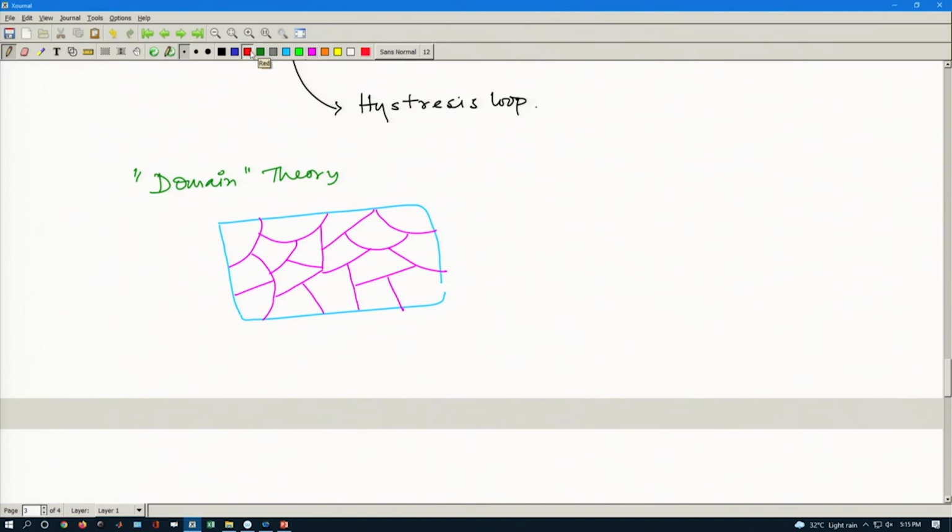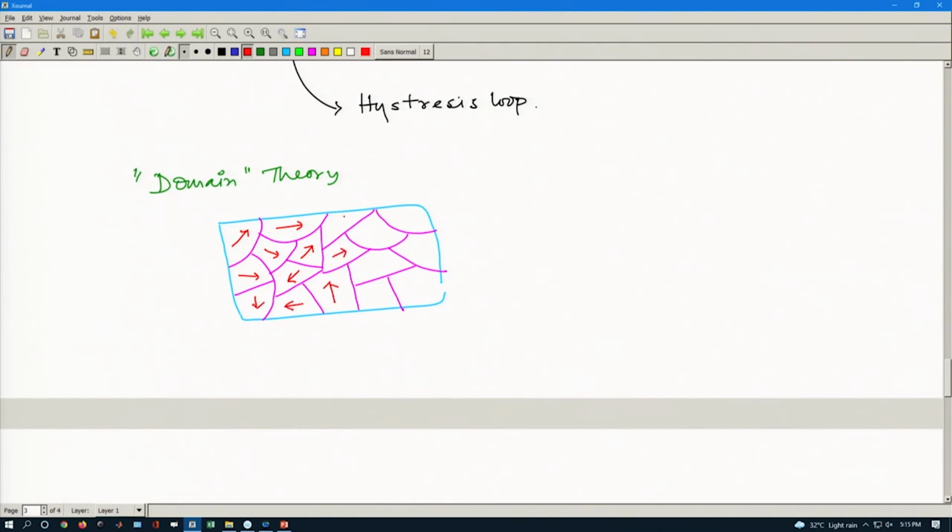In the domain we have the magnetization, and they are oriented in a random way.